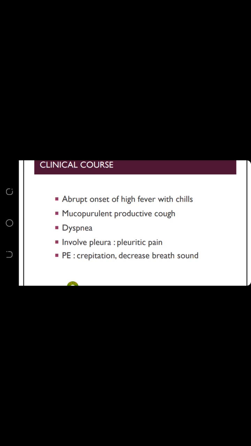Then there is also dyspnea, which is difficulty in breathing, where someone is laboring as they breathe. Also, it involves pleural and pleuritic pain, where you feel pain within the thorax. Then other things that we can expect are repetition as well as decreased breath sounds.